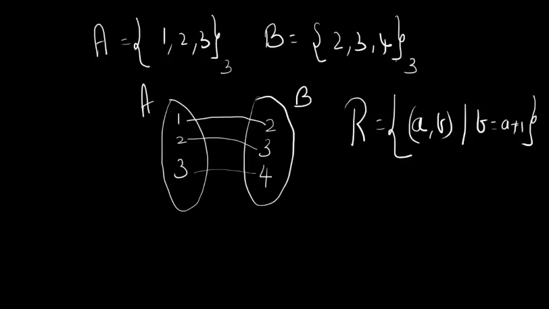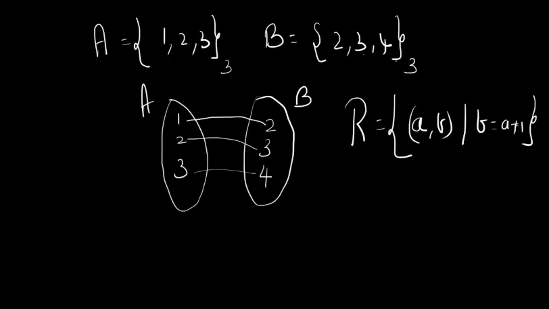We do know that A cross B has (1,1), (1,2), (1,3), (1,4), (2,2), (2,3), (2,4), and (3,2), (3,3), and (3,4). Out of all those, I have picked up only the ordered pairs which satisfy this condition.